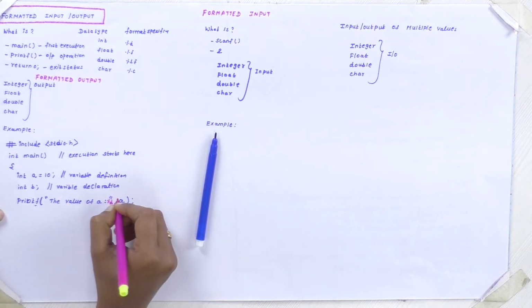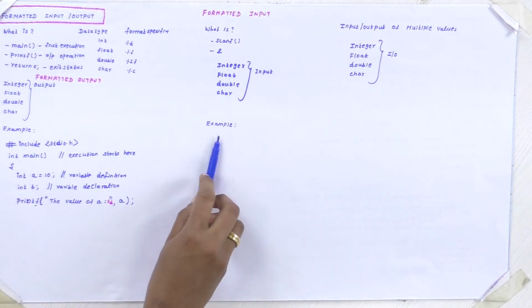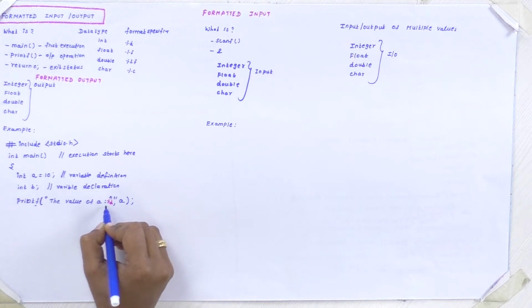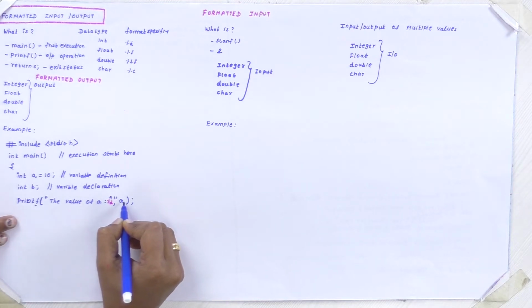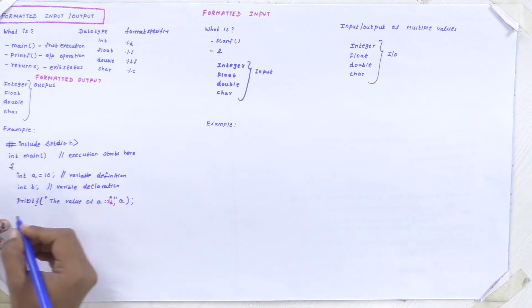For your reference only I am using different colors. So the value of a, %d, then double quotes. So it will display the value of a. So where you give the format specifier, in that format specifier the value will display.